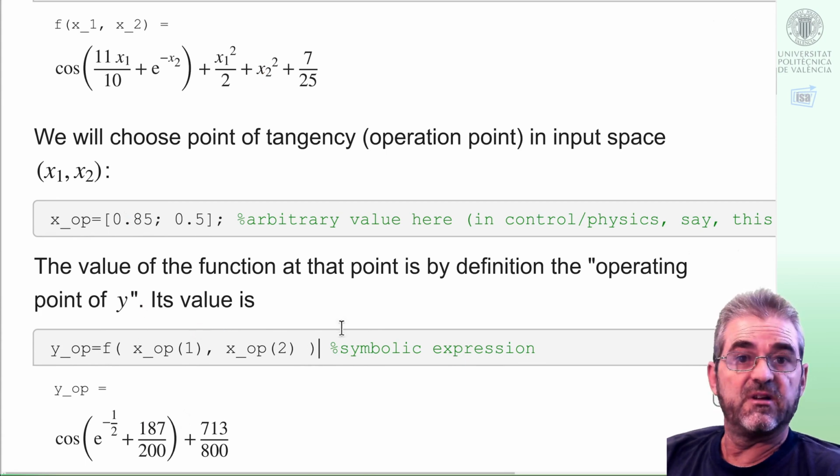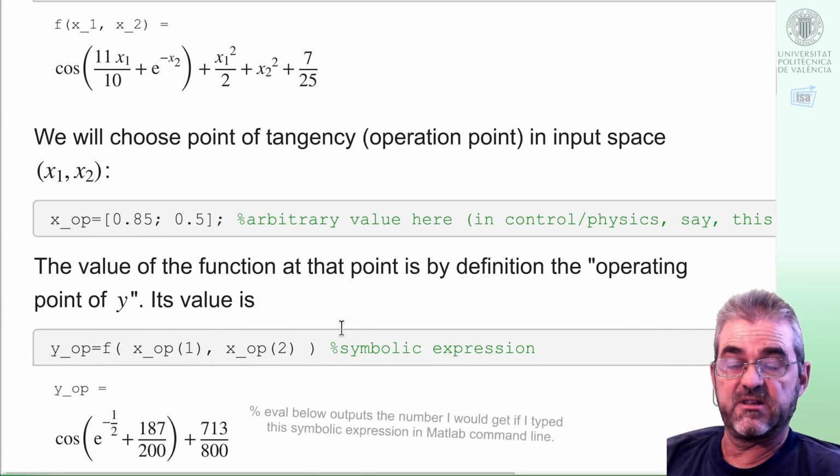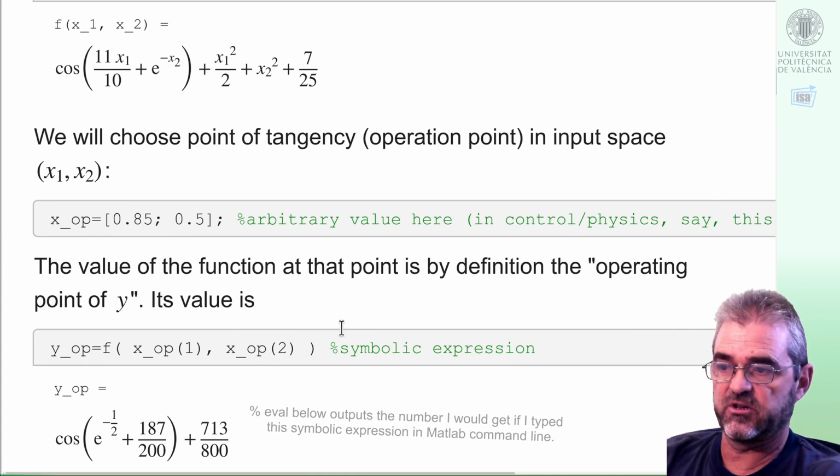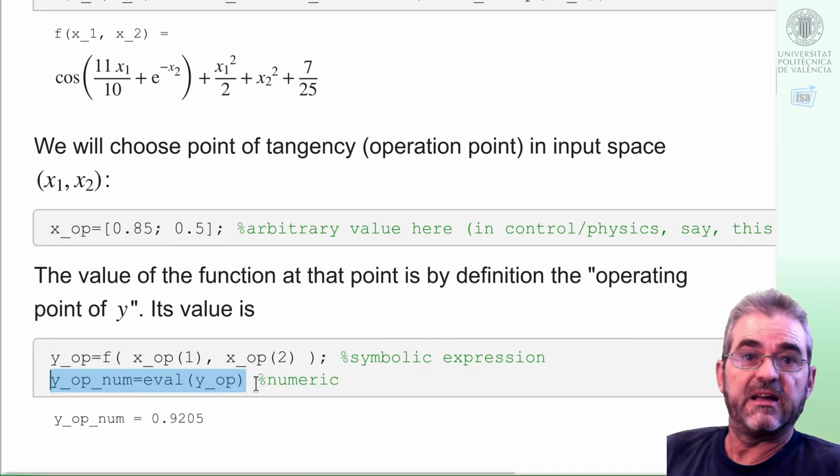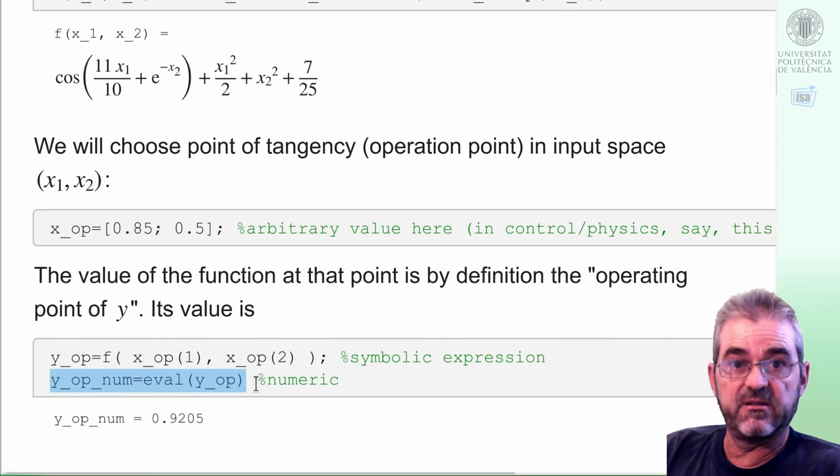Even if the symbolic toolbox cleverly stores symbolic expressions to avoid floating point round-off errors, I just want numbers to see in my example, so I will tell Matlab to evaluate those expressions to a number and show me such a number.